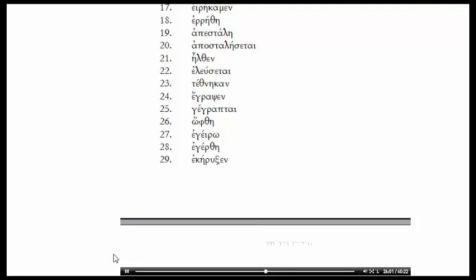It'd be first singular, second aorist, active, indicative. Anything else it could be? Yes, it could also be a third plural. Remember, the second aorist has that little feature where the first singular and the third plural are identical.